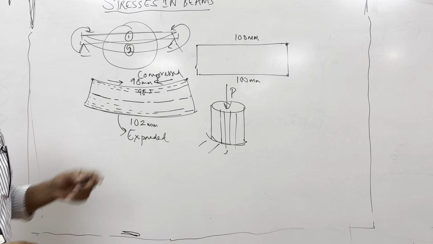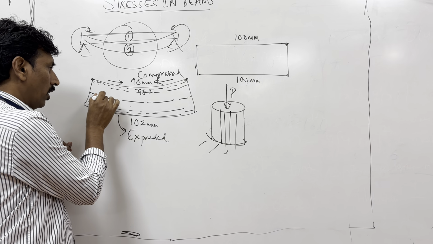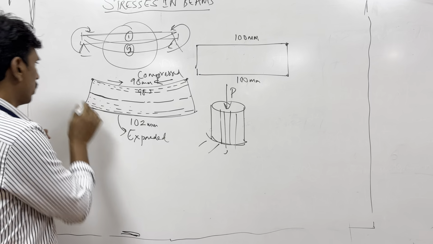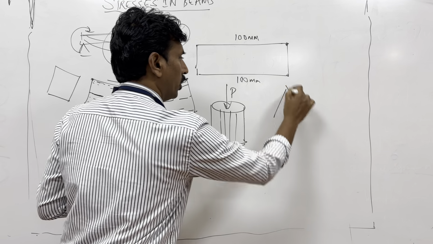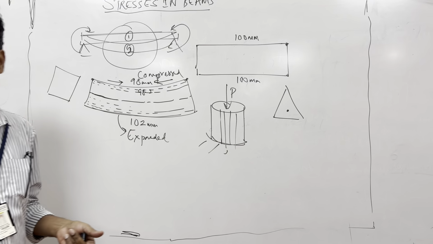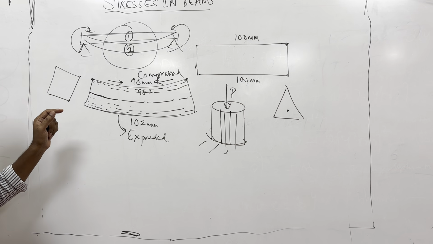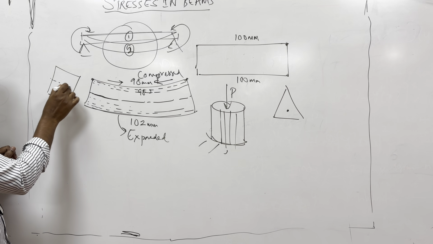Now, there is one fiber at the center. Suppose it is a rectangle, it would be at the center. If it's a triangle, then it could be somewhere at the, what do you call this? Centroid. Okay, centroid. So you can determine where it is. If it is a rectangular section, it would be exactly at the geometrical center here.